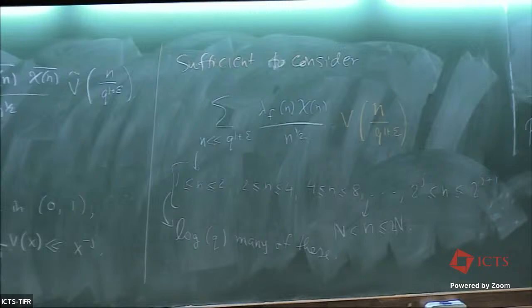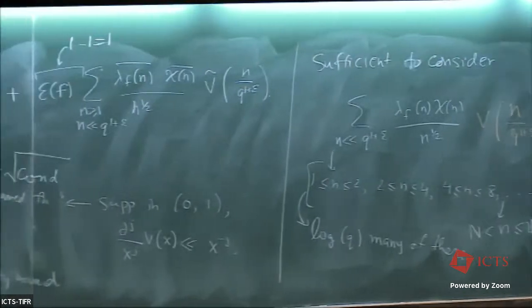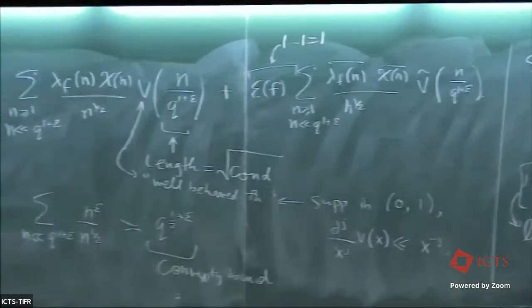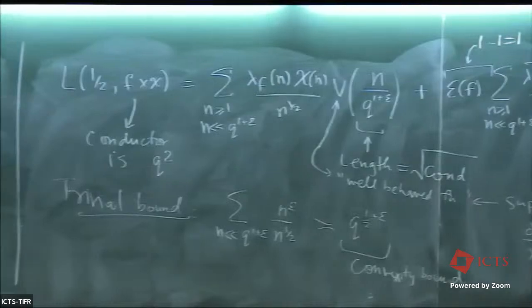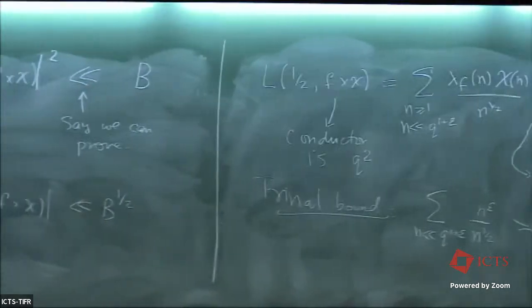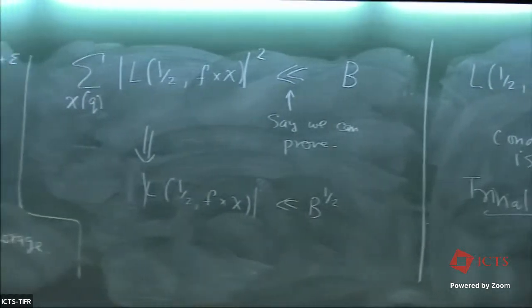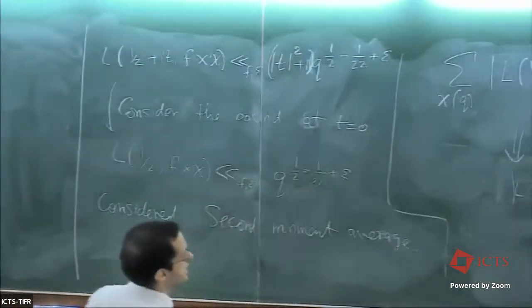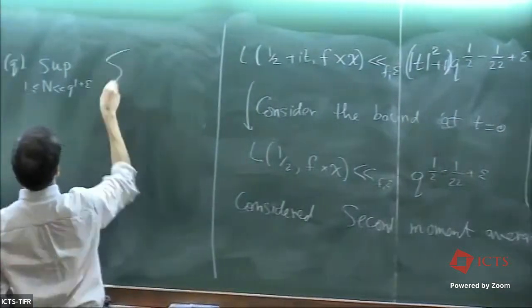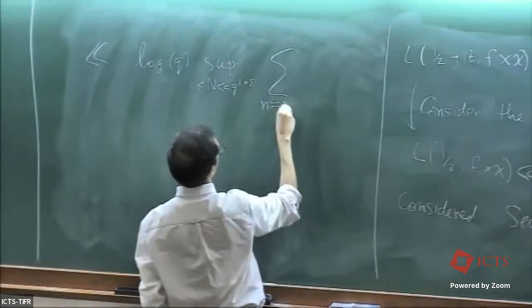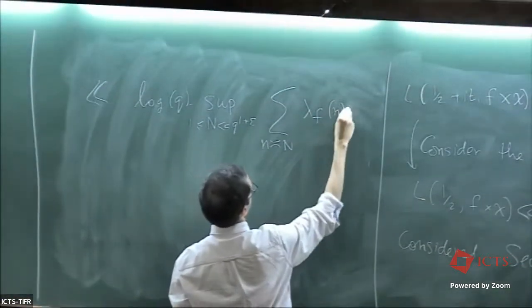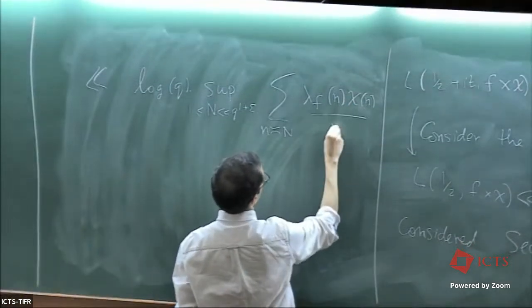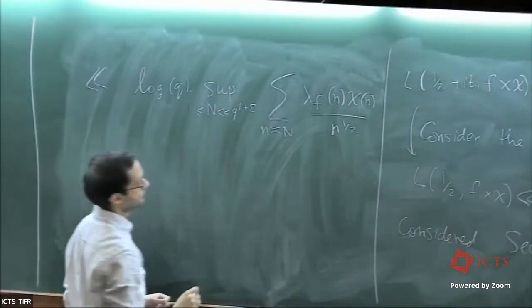Okay, so if you write the whole thing over there, what you can actually get here is there's a log factor that we don't quite care about because we want exponent savings, and then a supremum over all of these N's going up to q to the 1 plus epsilon. And this particular sum, which is lambda f n pi n over n to the 1/2.